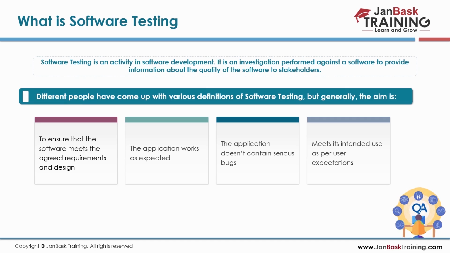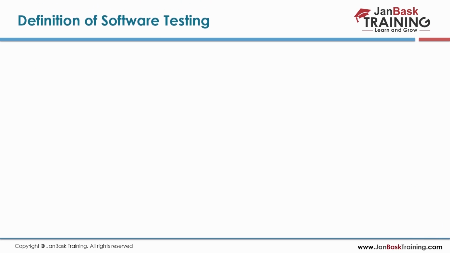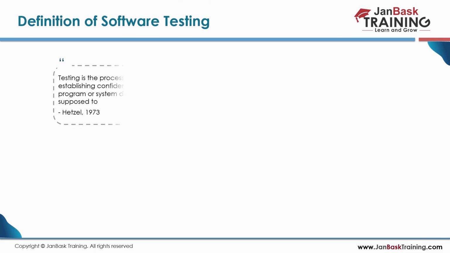It says that different people have come up with various definitions of software testing. Let me go to the next slide and then I'll come back to this. Different organizations and different people have given different definitions. Someone says that testing is a process of establishing confidence that a program or system does what it is supposed to do.